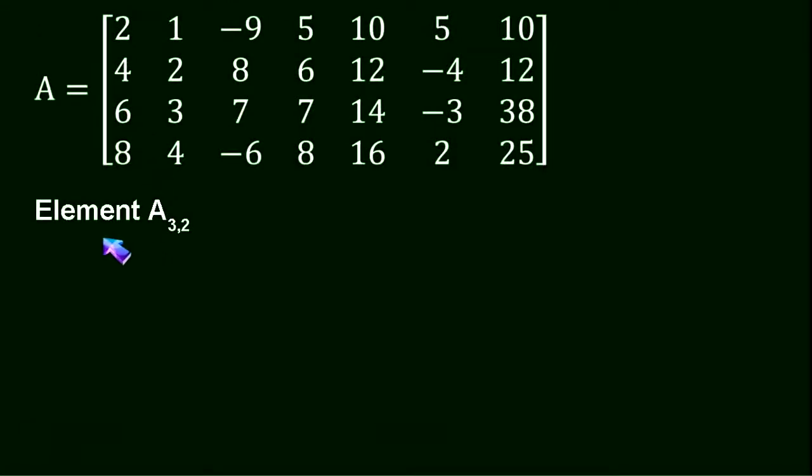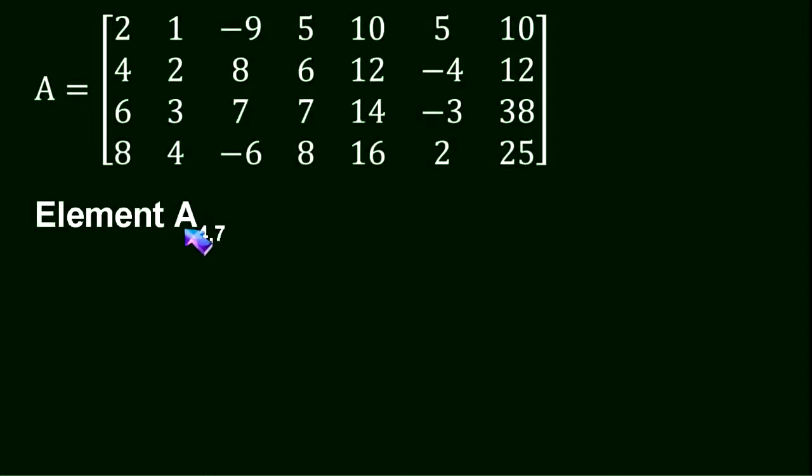Second, we have to determine the element in the third row of the second column. Third row, second column. So, the element in the third row of the second column is equal to 3.